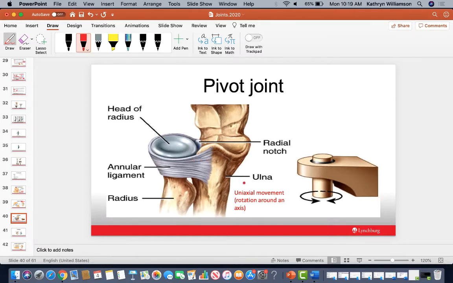And so this gives us uniaxial movement, one axis of rotation, which is along the long axis of your radius, and it basically creates a rotation here. So this gives us the movement of supination and pronation of the forearm, and because this is rotation, this is going to be a transverse plane motion.